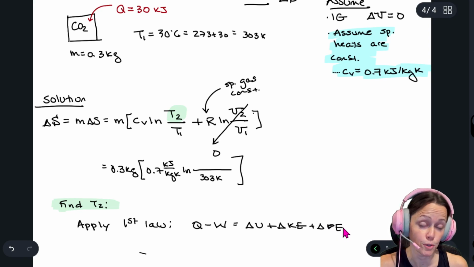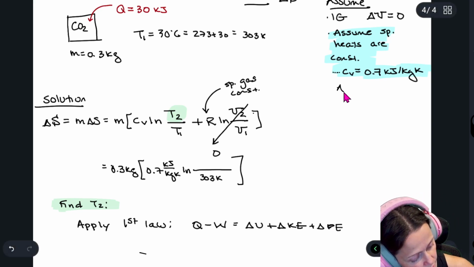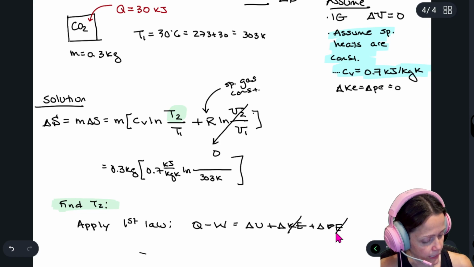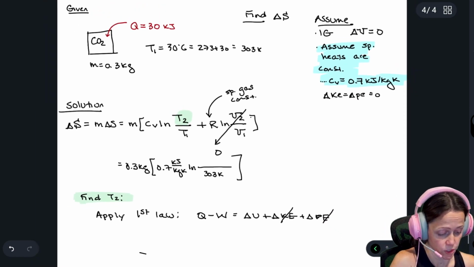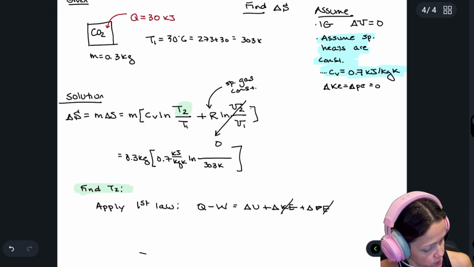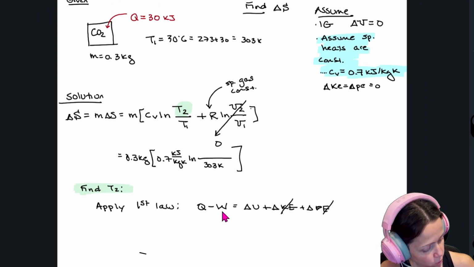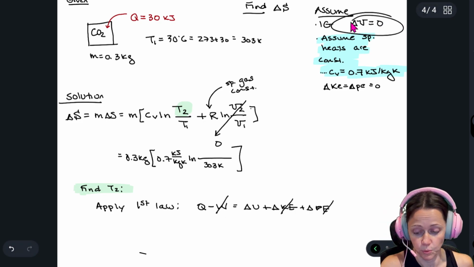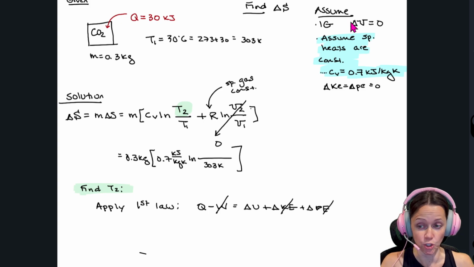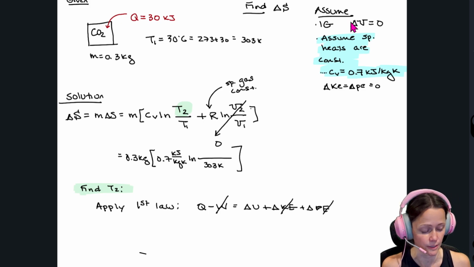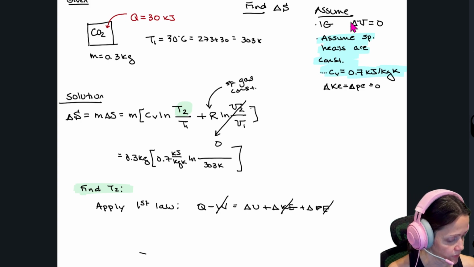Those are two more assumptions I'll make: delta kinetic energy and delta potential energy are both equal to 0. I do know how much heat is being added. And I'm going to say my work is equal to 0, because I have a rigid tank. There's no expansion or compression, no boundary work, and no paddle wheel or anything like that in there. So all I've got is Q.